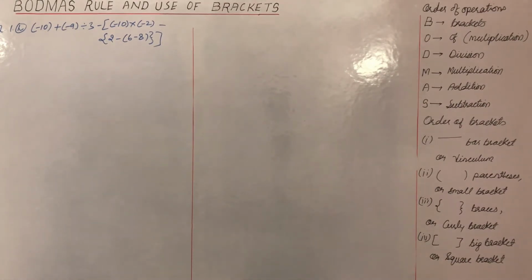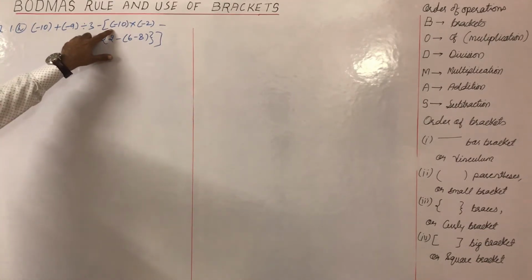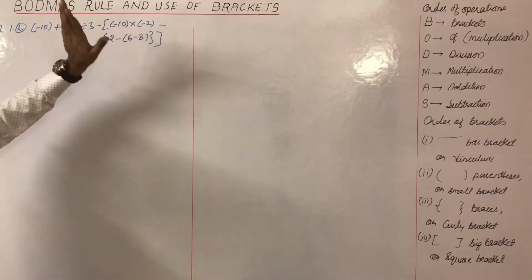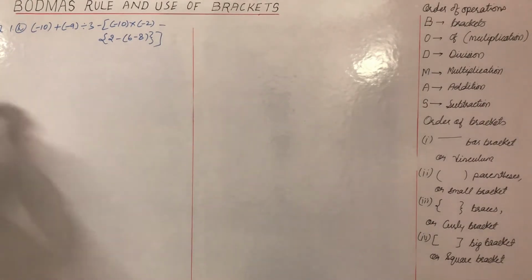Minus 10 in small bracket plus minus 9 again in small bracket divided by 3 minus square bracket, under square bracket, minus 10 in small bracket multiplied by minus 2 again in small bracket, then minus curly bracket 2 minus 6 minus 8, bracket closed.